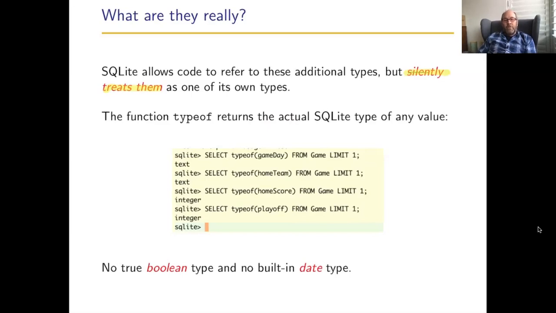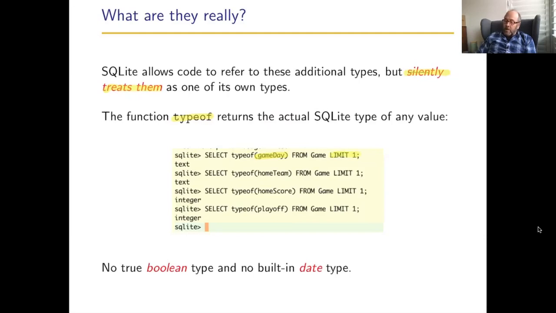If you want to find out what type a SQLite value actually has, you can use the function typeof, and that will tell you what type a particular value has. Okay, so select typeof(game day). We'll take the first row of game, ask for the type of game day, and I'll just have one row for the answer because they'll all be the same type.